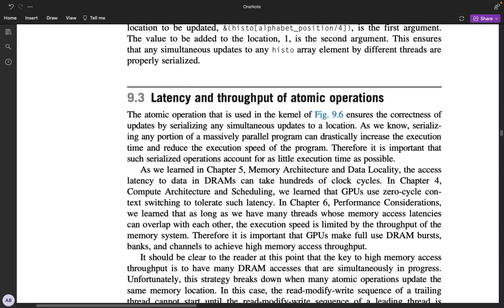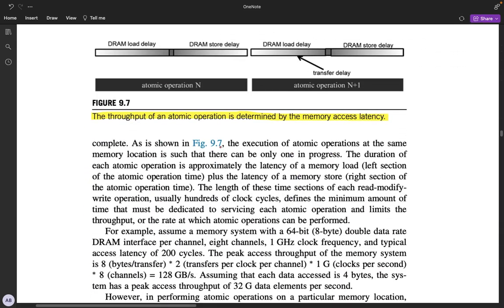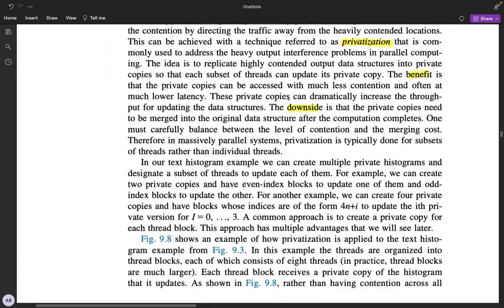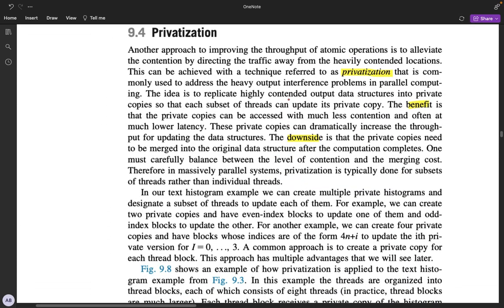And the way we optimize this, so this is what is discussed here, is using something called privatization, where instead of the entire document having one histogram, we break down the entire document into chunks, let's say 4 chunks, and each chunk has its own histogram.